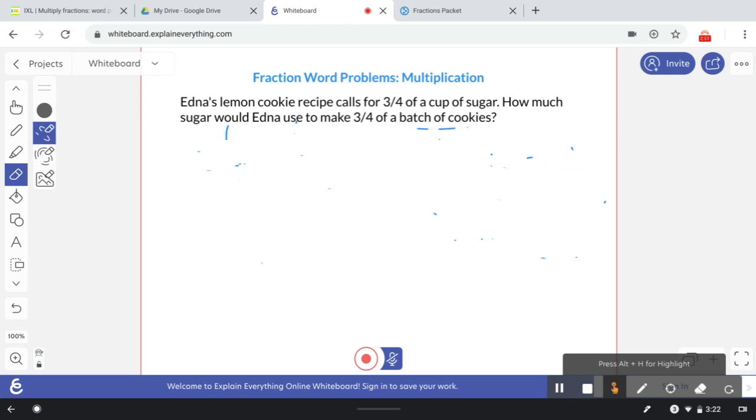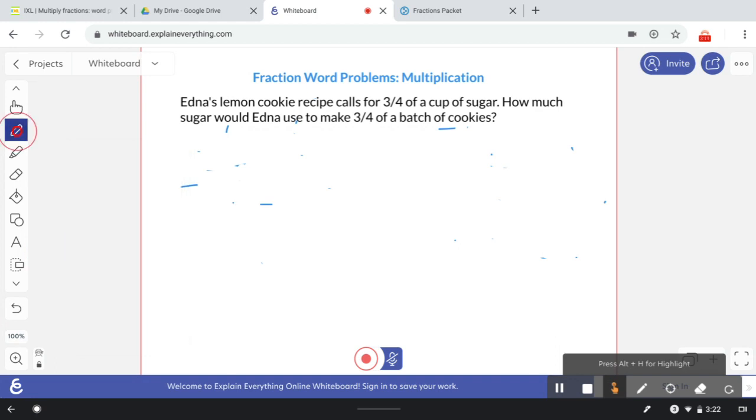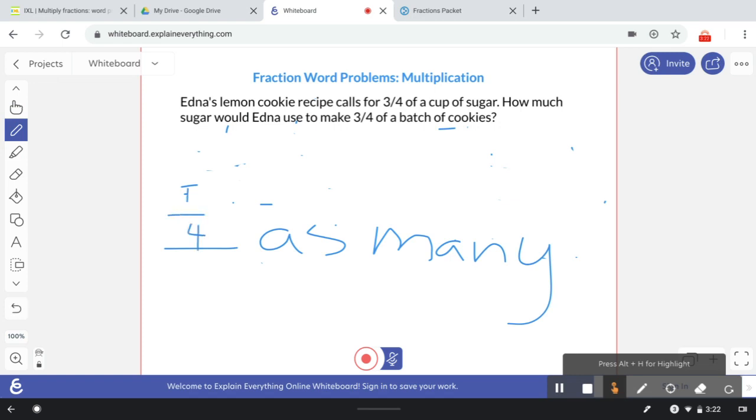So another keyword that you would look for is "blank as many," so it might be 1/4 as many, I'll just stick with 1/4, or "blank as much." These phrases mean that I'm going to take a piece or a part of it.